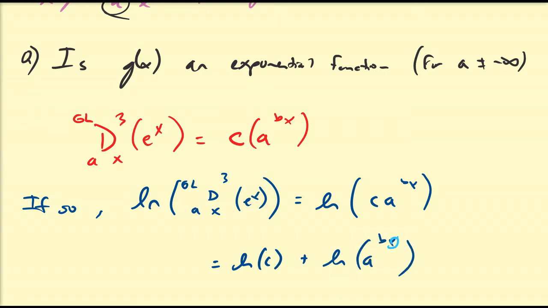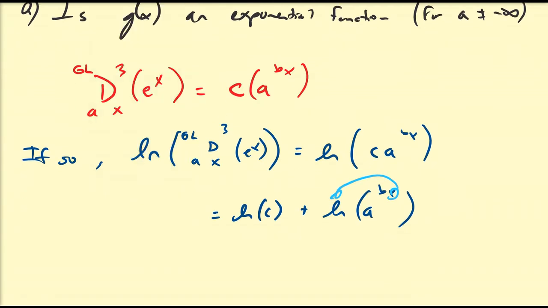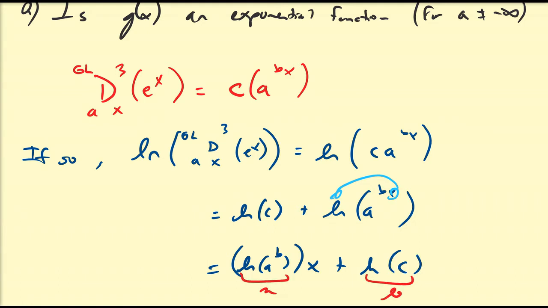We can bring our x down and leave the b there. And then this is going to be equal to the natural log of a to the power of b multiplied by x plus the natural log of c, right? And this we can call, say, m, this we can call, say, b, and of course this is our y equals mx plus b form, which is a linear function, right?